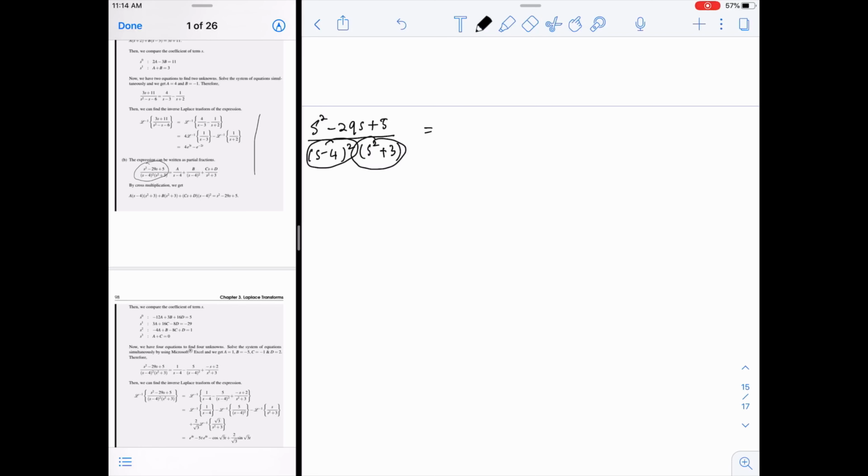So what we need to do is find the partial fraction that corresponds to each particular factor.